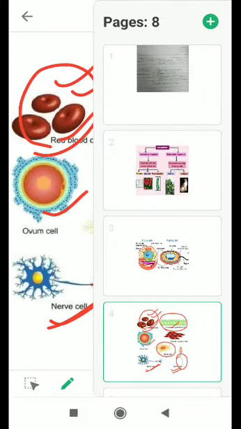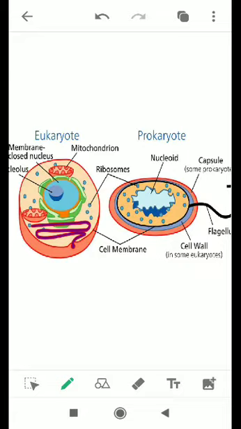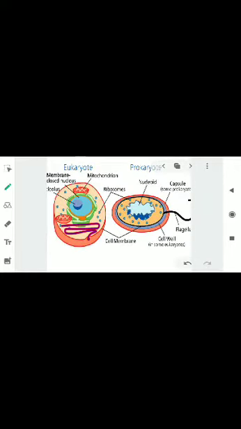Let us see another topic, that is the types of cell. There are two types of cell: eukaryotic and prokaryotic. Eukaryotic cells are the modern cells, and prokaryotic, pro means old, so they are primitive.